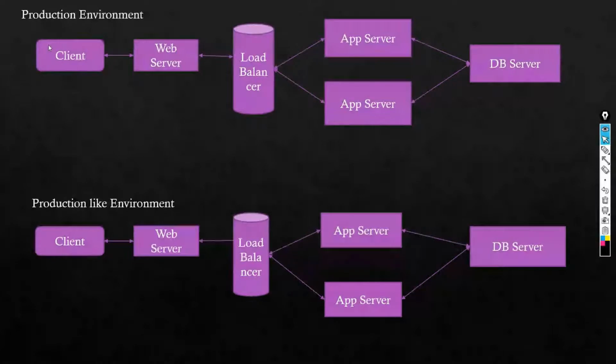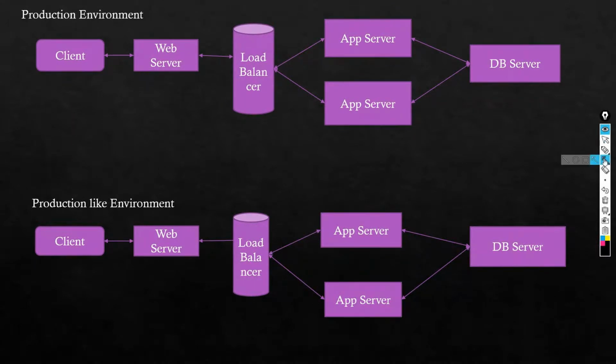That means whatever the configuration, whatever the different types of servers in place in production, the same type of configuration should be present in the performance testing environment. That testing environment, wherever we are testing before going live, should be similar to production.